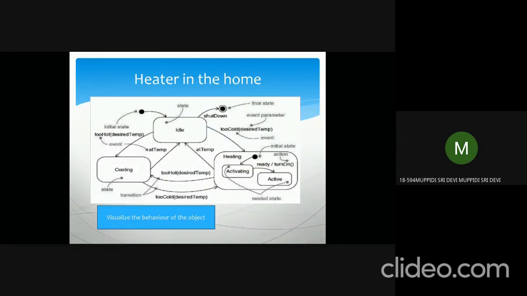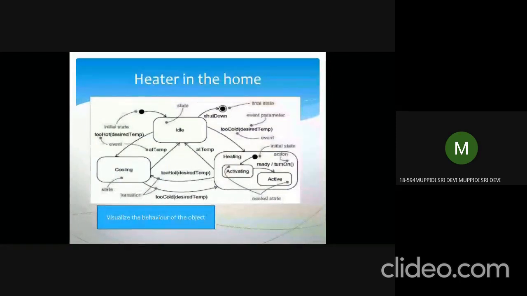Using the turn on operation in the heating state, the machine will come from activating to active state. Okay, so if you see the line between activating and active state, it is a transition.